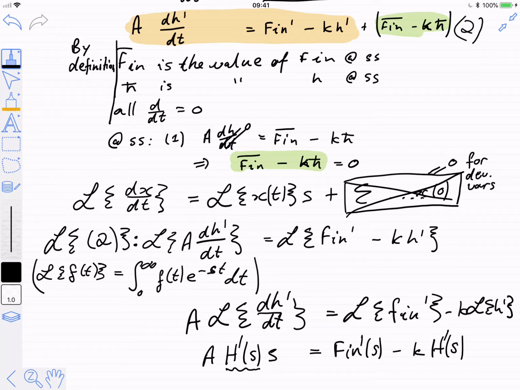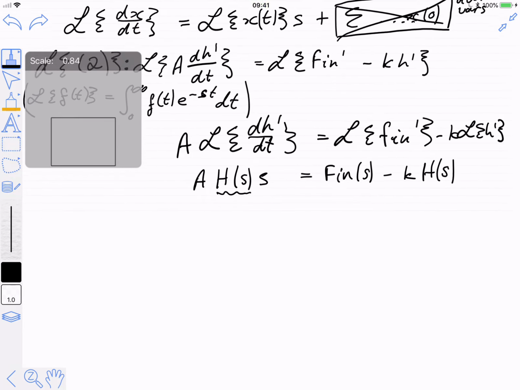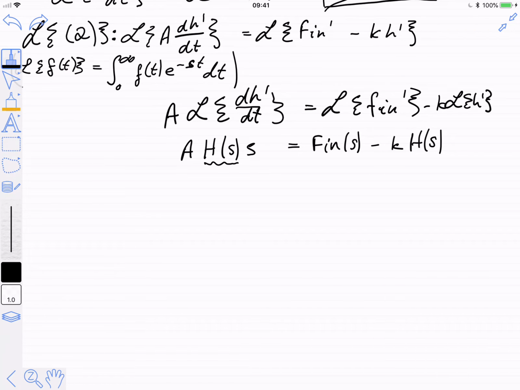The prime will be implied. It is an important point when we actually get numeric results, but you'll see very seldom that we actually write the primes. Once we get past this part where these things are still a little bit fresh and new, we'll stop writing primes, and we'll just start writing the variables as though the variables without the prime were the deviation variables.